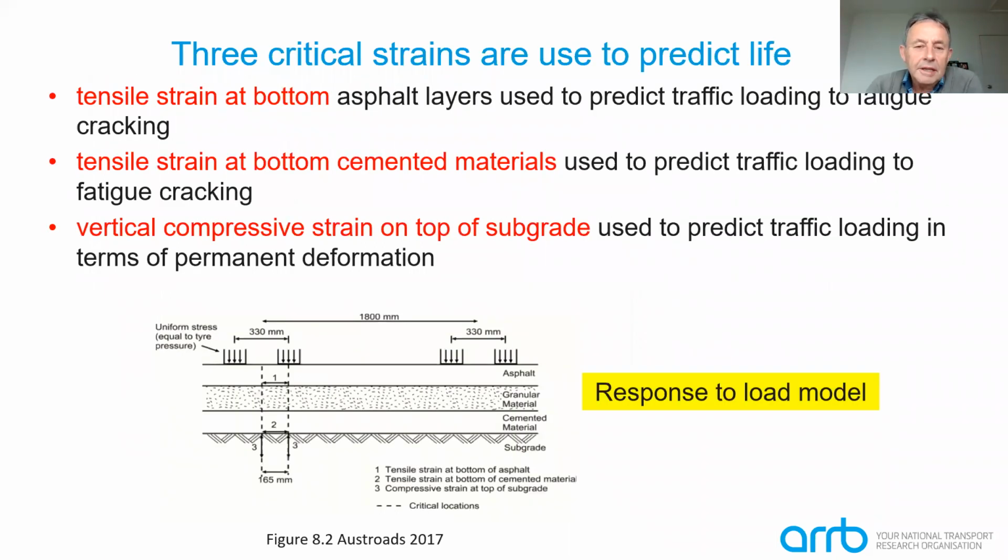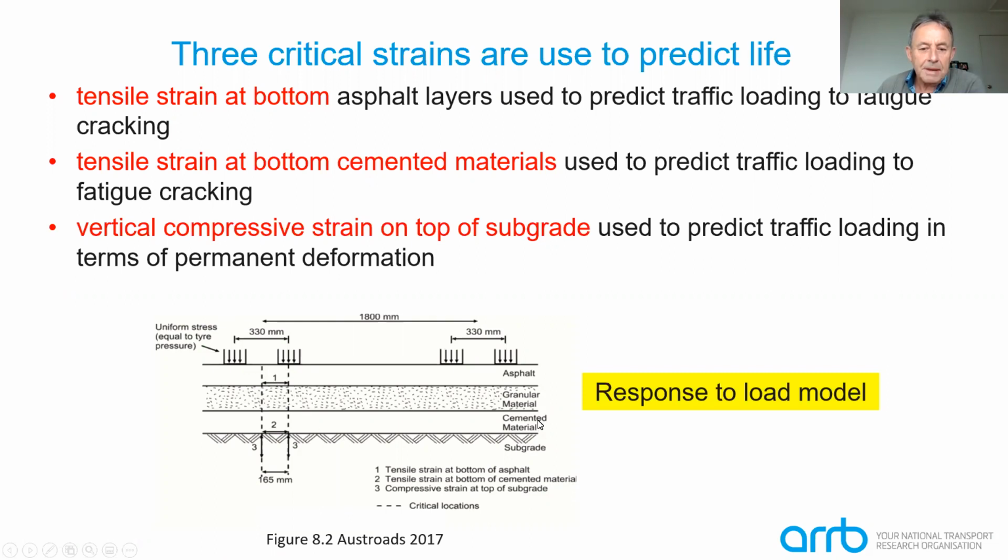So in the Austroads design system, there are 3 critical strains that are used to predict life. There's a tensile strain at the bottom of asphalt layers, which is used for predicting the allowable loading in terms of fatigue cracking.